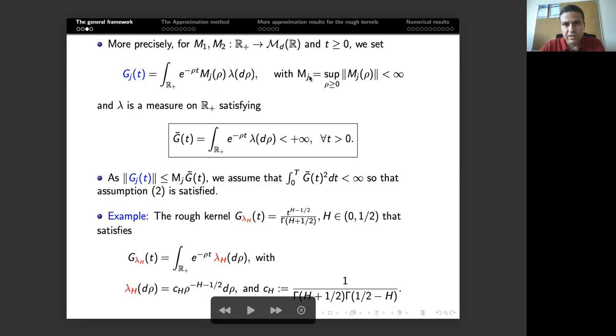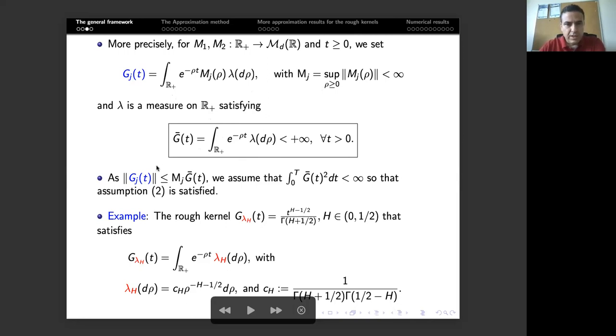But this is provided that the norm on the rho parameters for the matrices we introduced here should be finite. Of course, here the lambda measure should satisfy this condition. So lambda is a measure on R plus, and the J bar here should be finite. So the Laplace transform of this measure on 0 to plus infinity should be finite for every t.